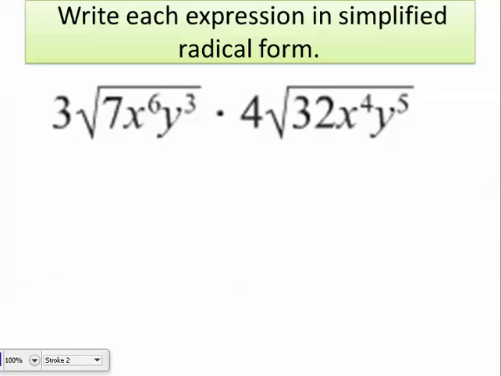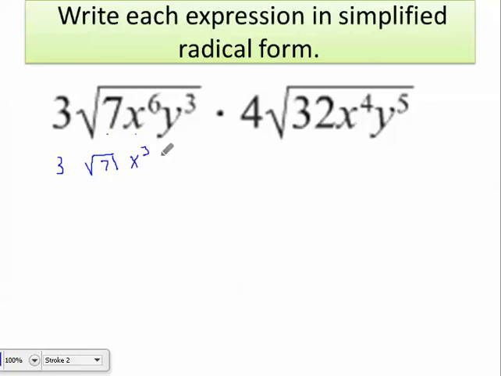Okay? So let's look at this one. A little bit more complicated. We've got a 7 here. I don't think 7 is going to factor, but 6, well, that's an even number, so if I take that, it's going to come out as 3. We're going to have a square root of 7 in here still. The square root of x to the 6th is going to be x cubed.